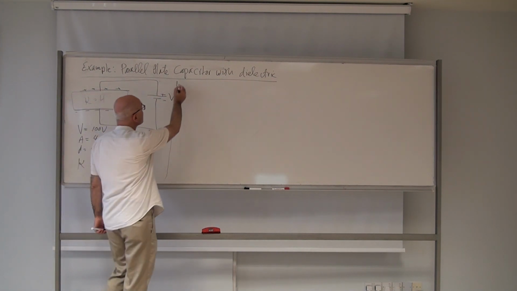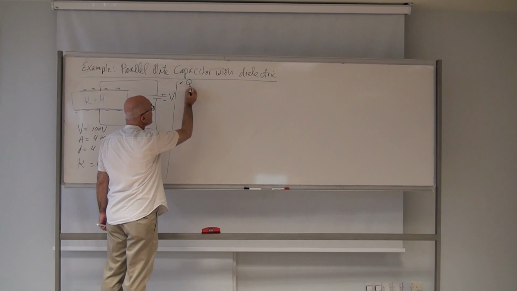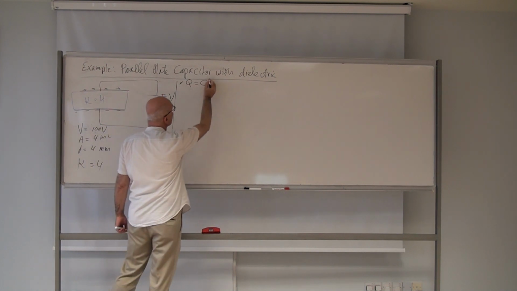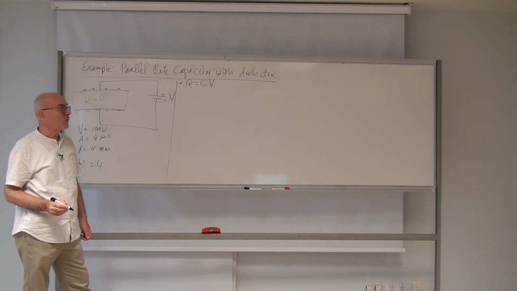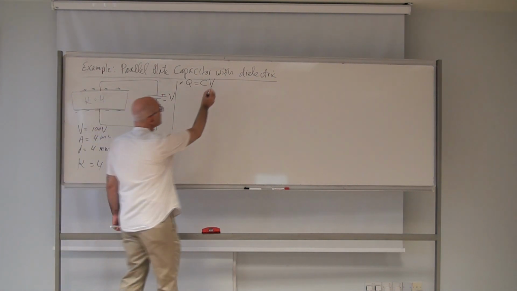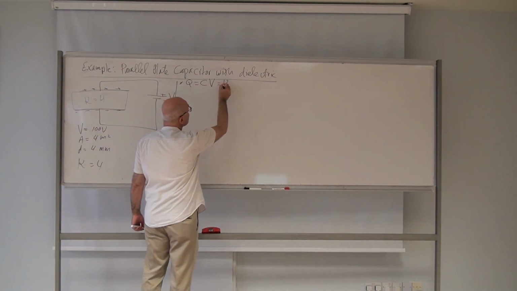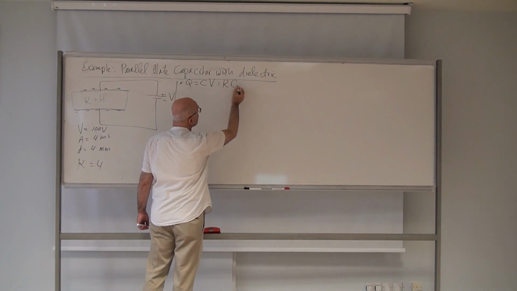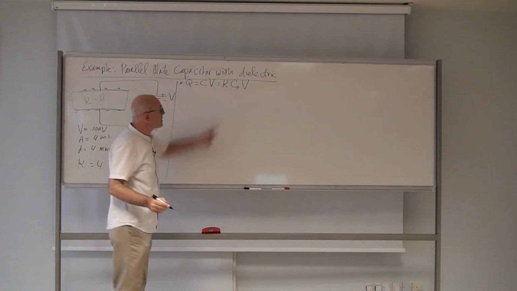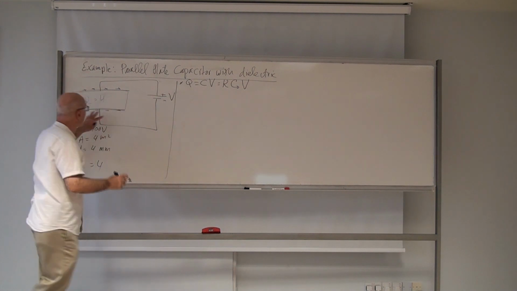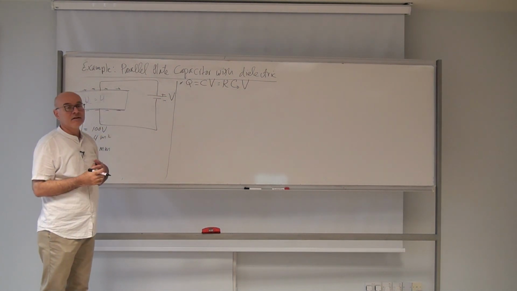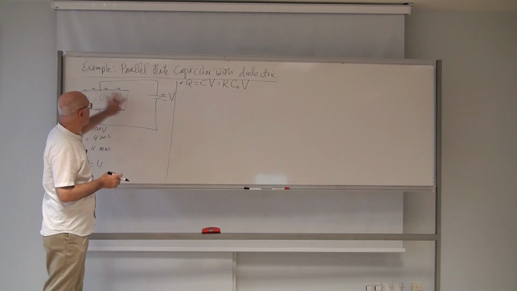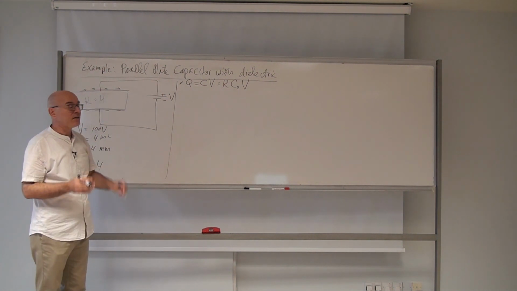I will start with Q, and Q is equal to C times V. C, as I know, is just kappa C naught, multiplied by V. C naught is the capacitance of the parallel plate capacitor in the absence of the dielectric, when this area is filled with air.